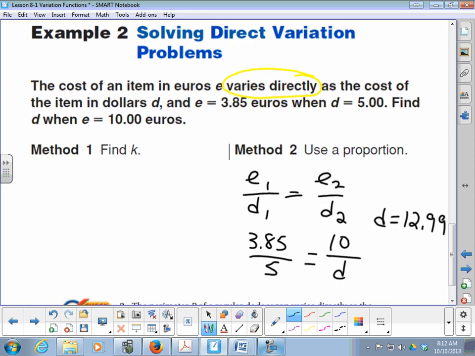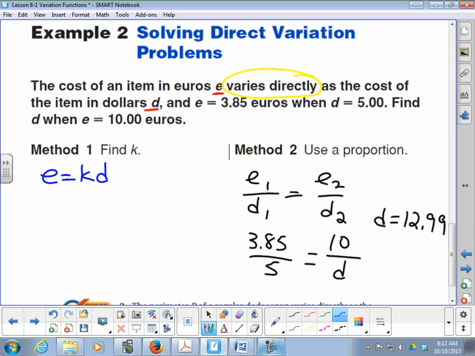Now, you could have done it the second way. You could have found the value of K first of all. Since it says E varies directly as the cost of the item in D dollars, then that means that E is equal to KD.